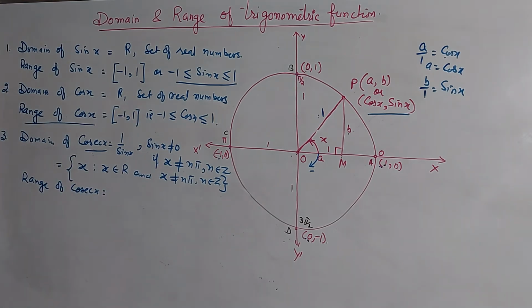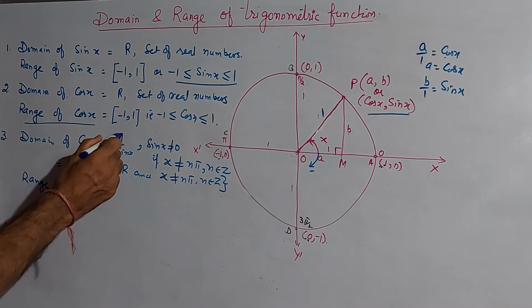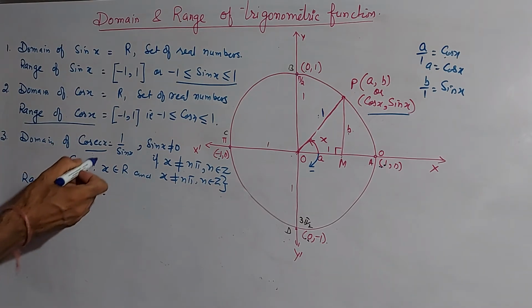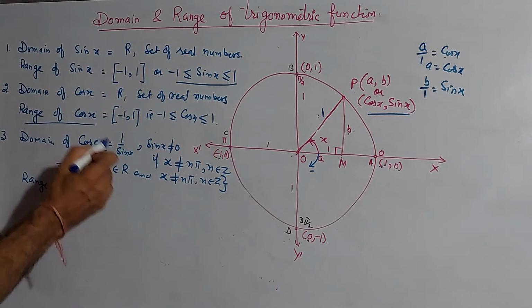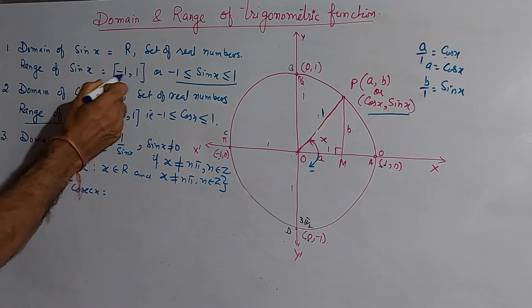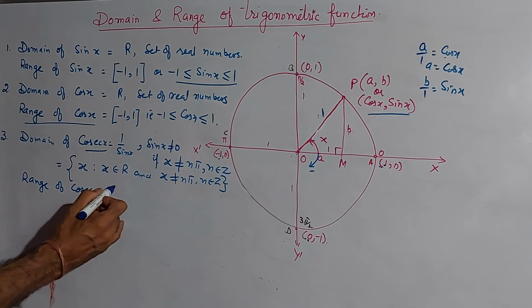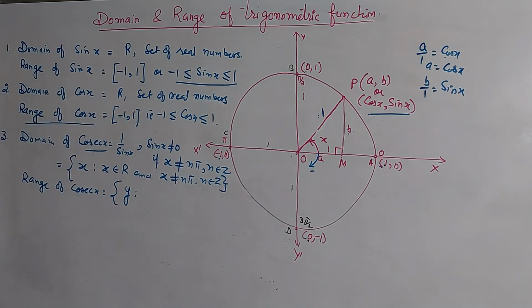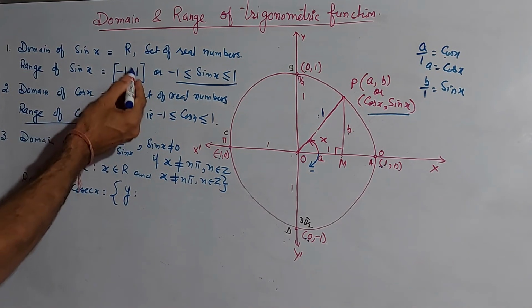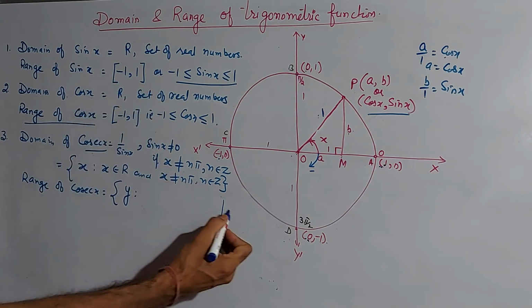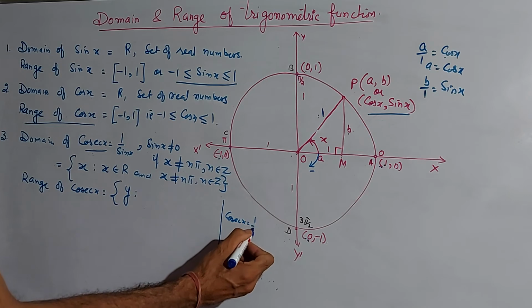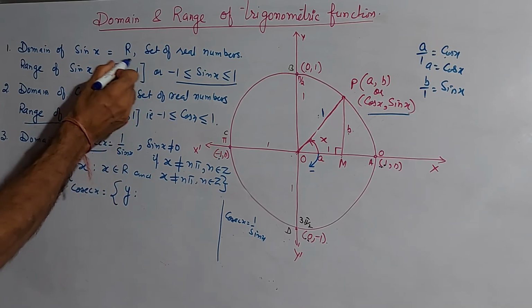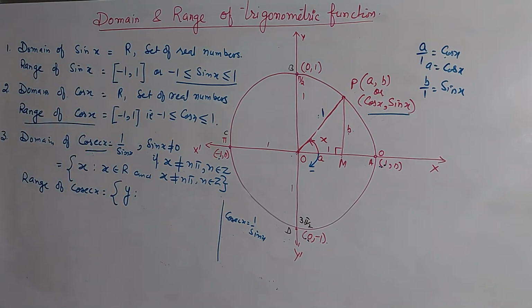See here, cosecant x is 1 upon sine x, and the values of sine x are between minus 1 and 1.